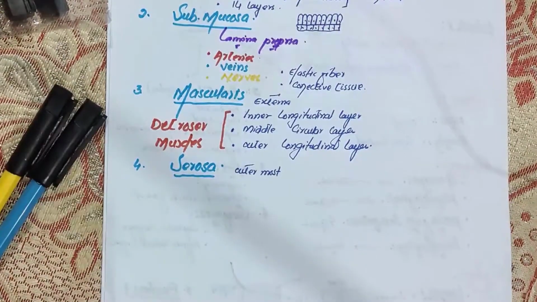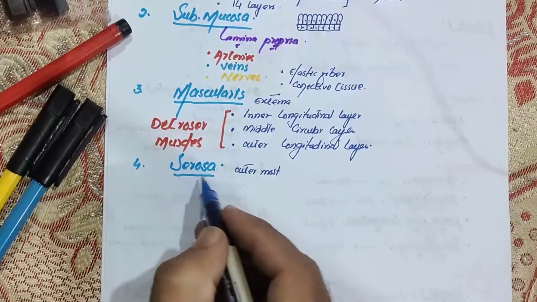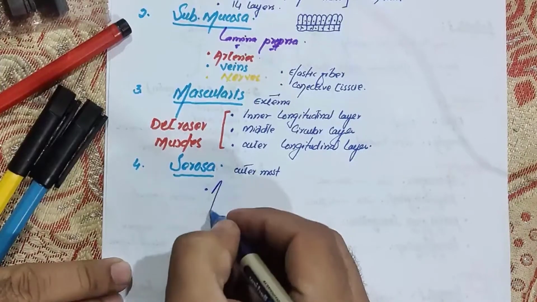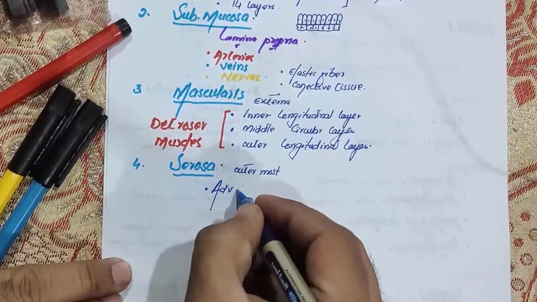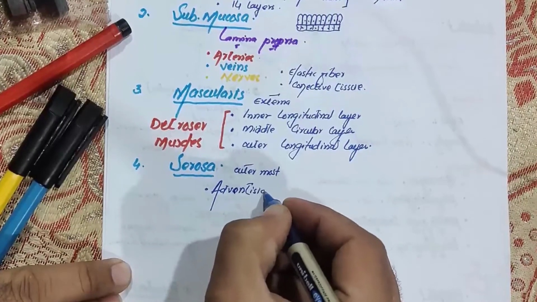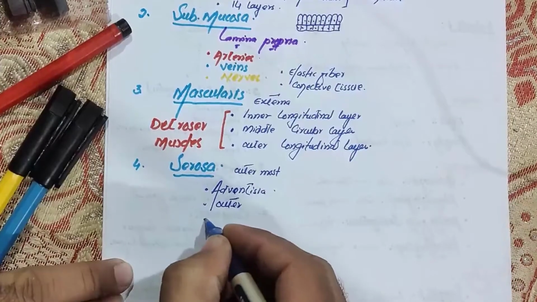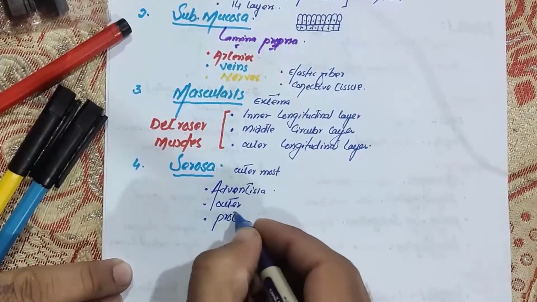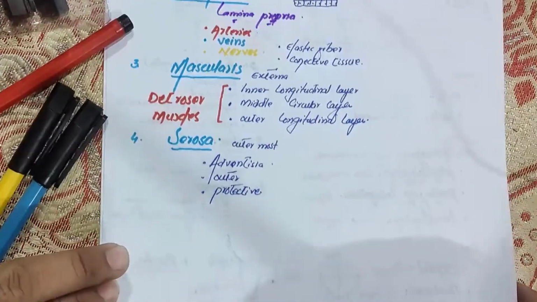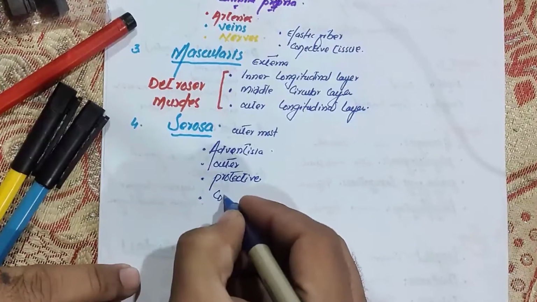Okay friends, so this is the muscularis layer of the urinary bladder. Now in the serosa, what is there? It is the protective layer, also known as adventitia. It is the outer layer, protective in nature, and it is solely composed of connective tissue.